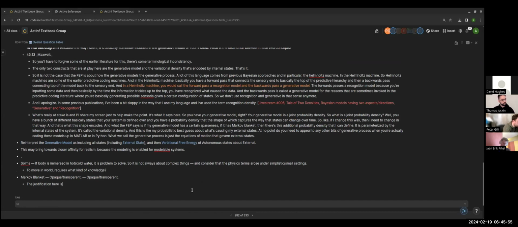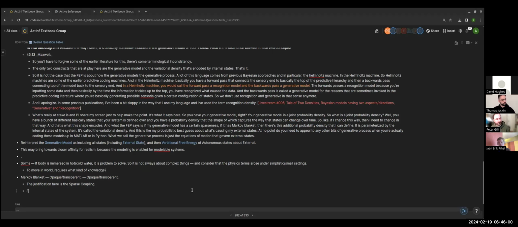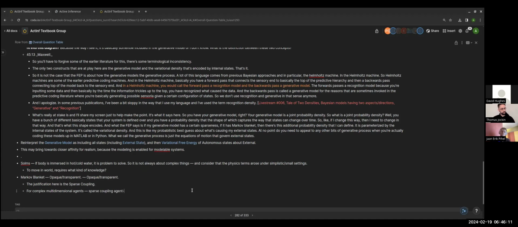So in complex multidimensional agents or systems, there is a kind of sparse coupling between the agent and the environment, in the sense that the agent doesn't have any direct access to the environment, and the causal relationship between the disturbances of the environment or any kind of data of the environment and its causal effect on the internal state of the agent is completely nonlinear, or as Friston himself would like to call it, it's caused vicariously.